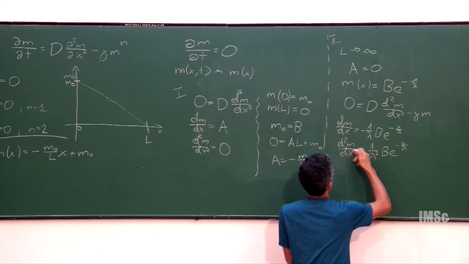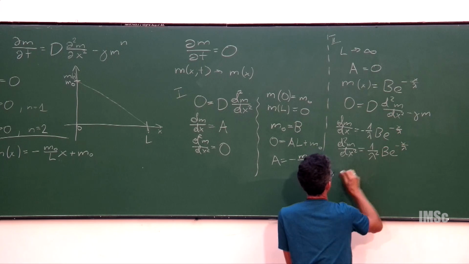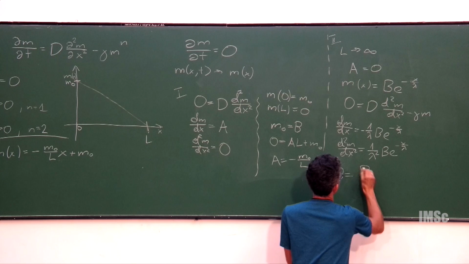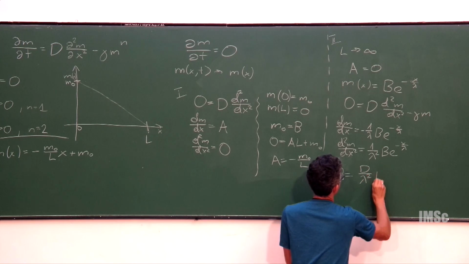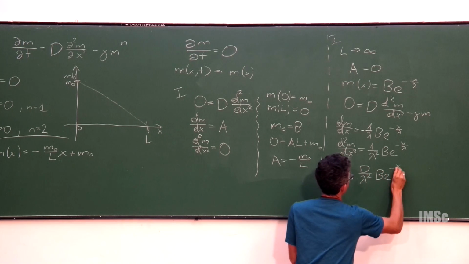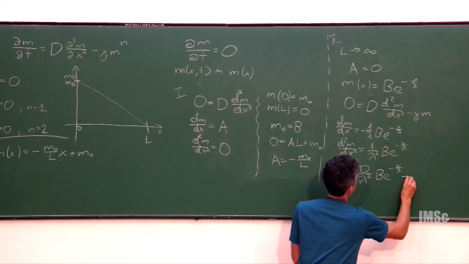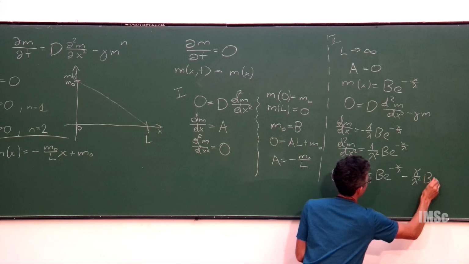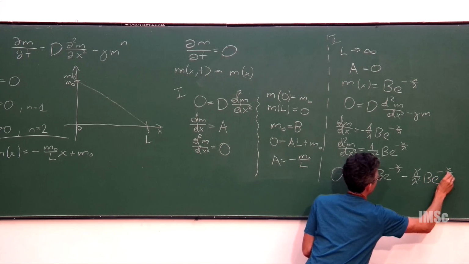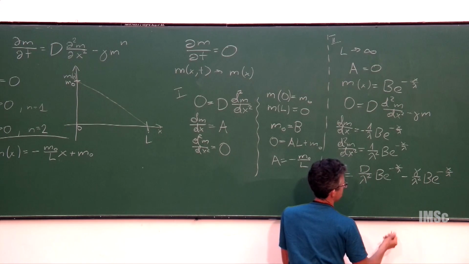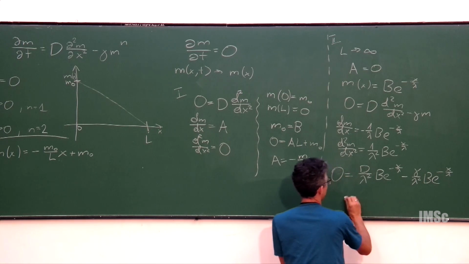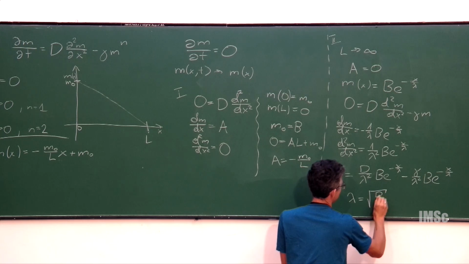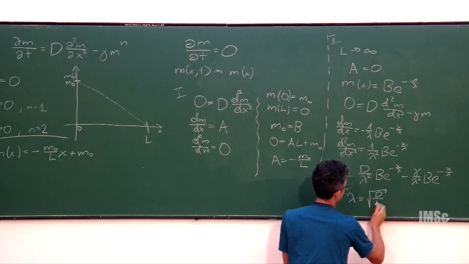And now if I plug it here, then what I found is for this to be the solution of my set of equations, this is fulfilled only when my gamma is equal to diffusion divided by the gradation square.